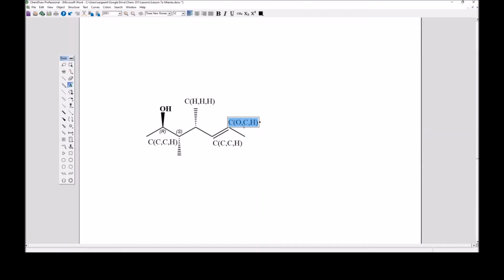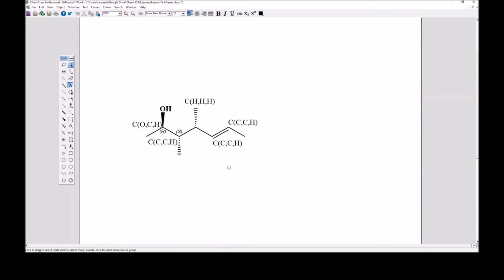It has a pi bond going back to the stereocenter, and it has a hydrogen. So this carbon is connected to a carbon, carbon, hydrogen. If we go out a layer, this carbon right here is connected to an oxygen, a carbon, and a hydrogen. So I'll put that label right here. This carbon right here is connected to an oxygen, a carbon, and a hydrogen.